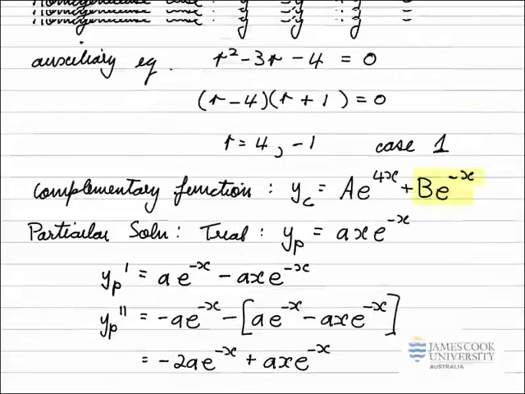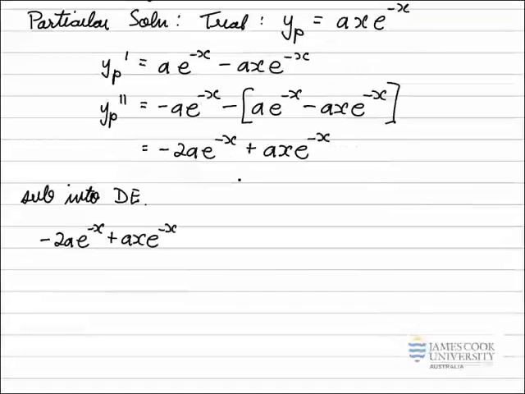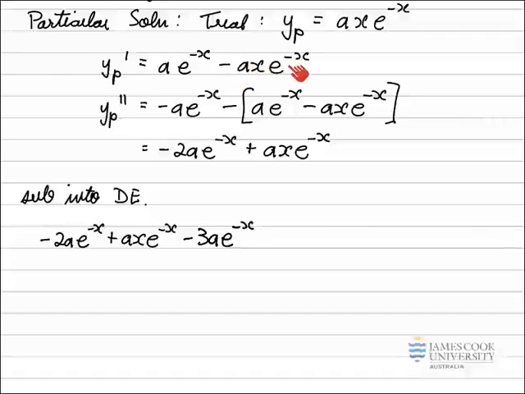The next term in the DE is minus 3 times the first derivative. So I'm taking minus 3 times this first derivative, yp dash, which is minus 3a e to the negative x. Minus 3 times this second term will make that positive, so it's plus 3ax e to the negative x.